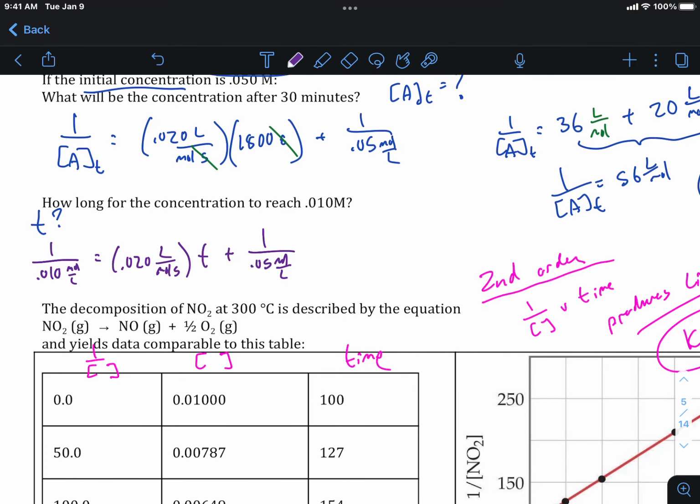Take a second, figure out how long that's going to take.